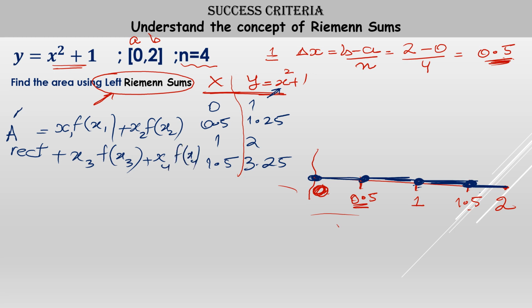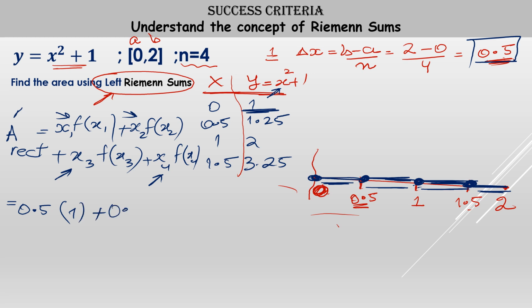Now put the values one by one in this given equation. So x1, x2, x3 and x4 are 0.5 because the width from here till here, here till here, here or here is 0.5. And for f of x1, you have calculated the length, that is 1. x2, as I said, is 0.5 and you calculated the value of y, that is 1.25.